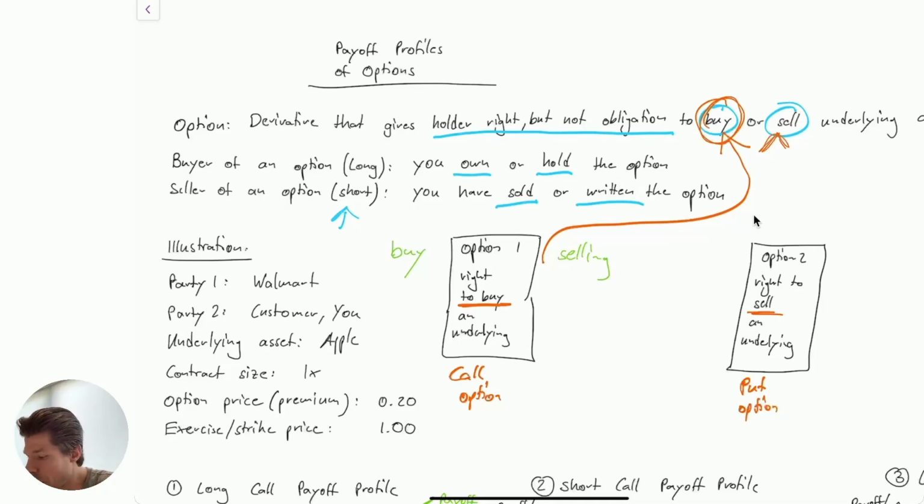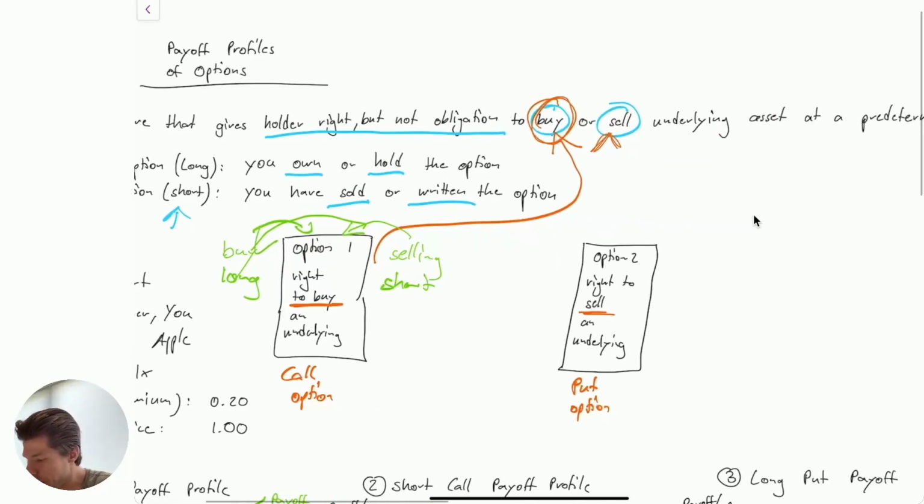If you have bought this piece of paper, you are in a long position. If you have sold this piece of paper to the buyer, then you are in a short position. That's why we have short call, long call, and the same here, short put and long put.